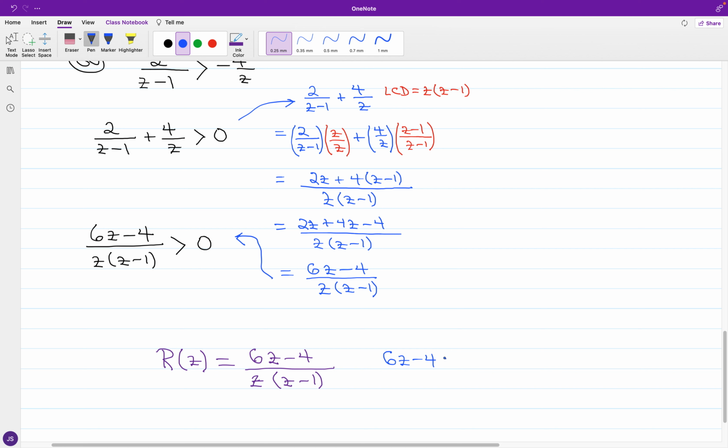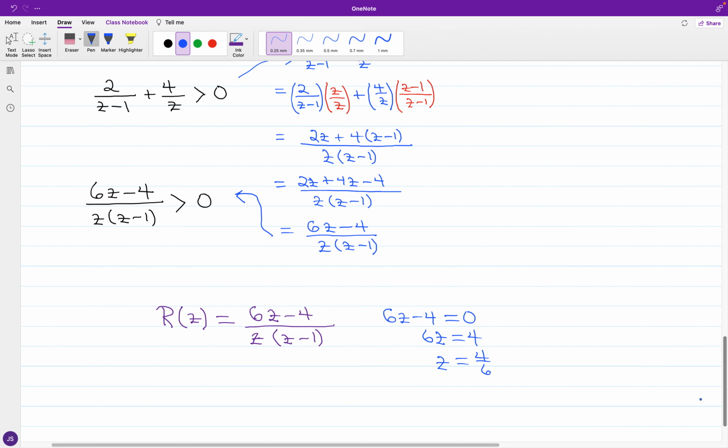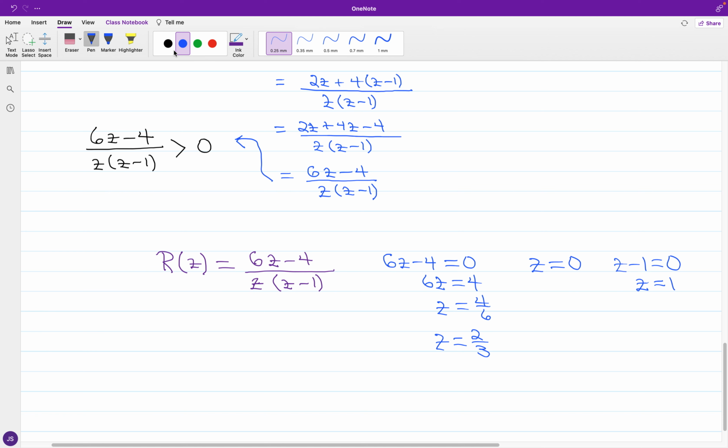With the numerator, we have 6z minus 4, and if I set this equal to 0, we have 6z is equal to 4, and division by 6 is going to yield 4 over 6, and 4/6 is reducible to 2/3. With the other factors, from z, I have z is equal to 0, and for z minus 1, if that is equal to 0, we have that z is equal to 1.